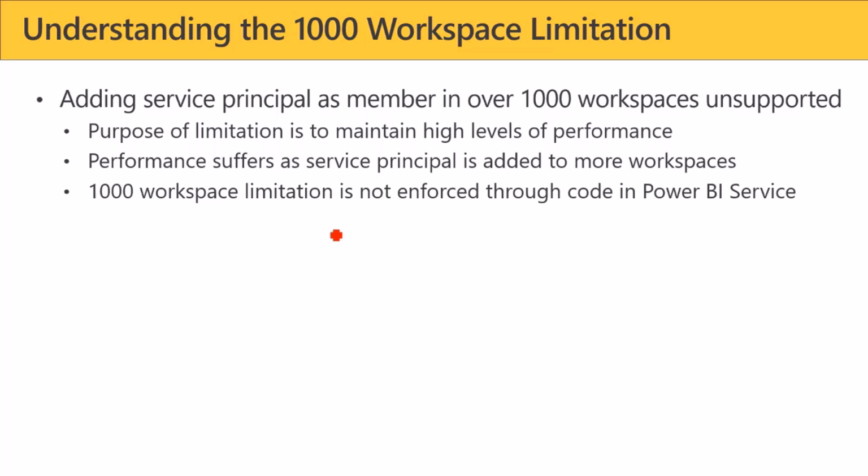First of all, the purpose of this limitation is to maintain high levels of performance. So as you add a service principal to more and more workspaces, things slow down, not terribly, but a little bit. And the reason for this has to do with the fact that behind the scenes, Power BI maintains an access control list for this user.